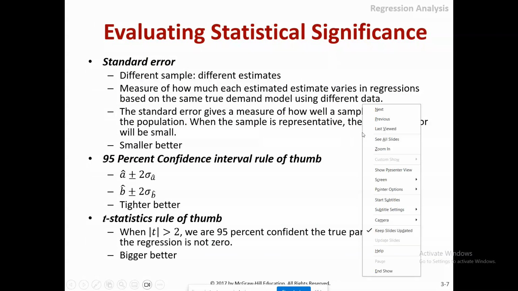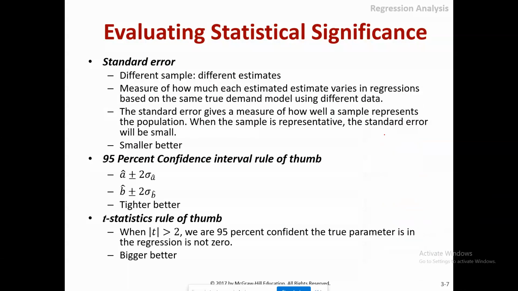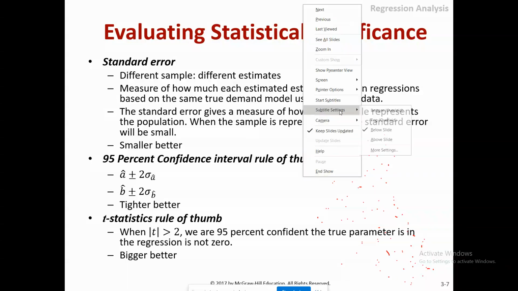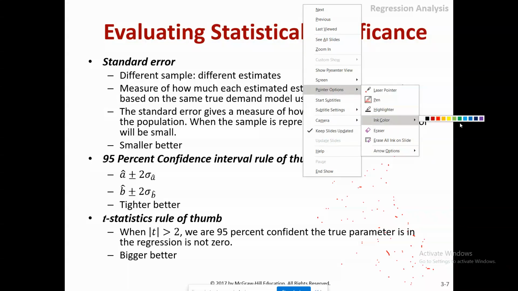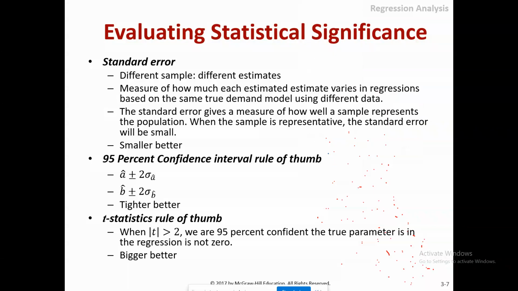So if we have a big population, and we do a good job collecting data, then the standard error is supposed to be very small.